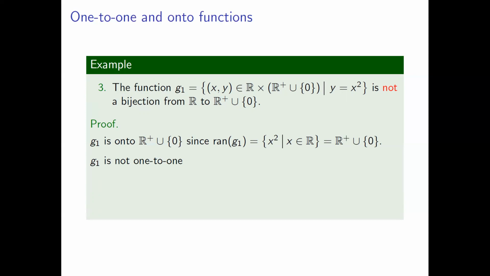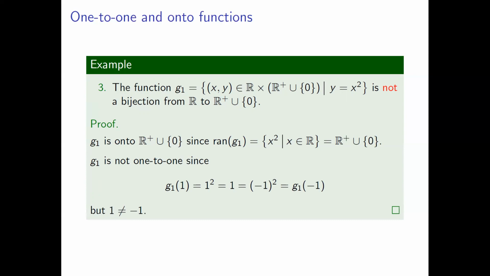However, g1 is not one-to-one, since, for instance, g1 of 1 is equal to 1 squared, which is equal to 1, which is equal to negative 1 squared, which is equal to g1 of negative 1.